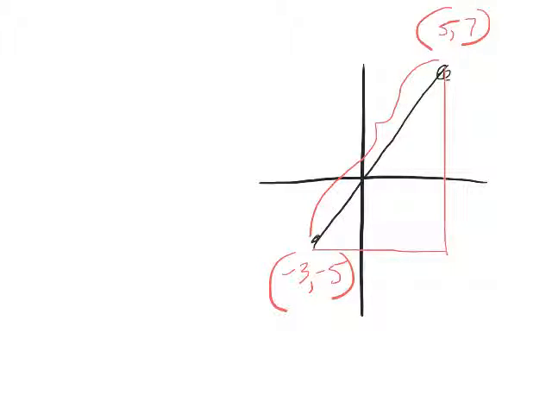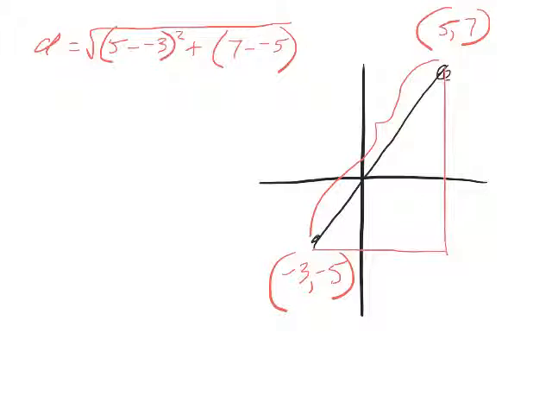Because all we have to do is say d, the distance, that hypotenuse, is equal to the square root of the difference of our x values squared plus the difference of our y values squared. And so then we take d equals, and this isn't in the book, I just made that one up.